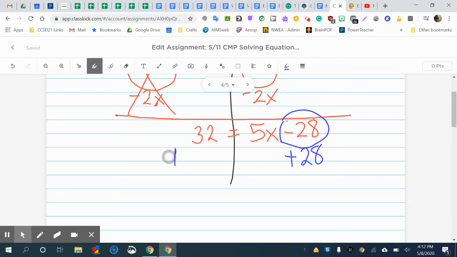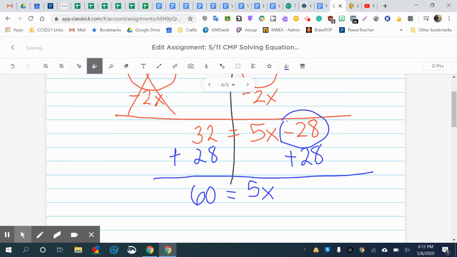Whatever I do to one side, I do to the other. 32 plus 28. Hopefully we can do that in our heads. Is 60 equals 5x. 28 cancels out.